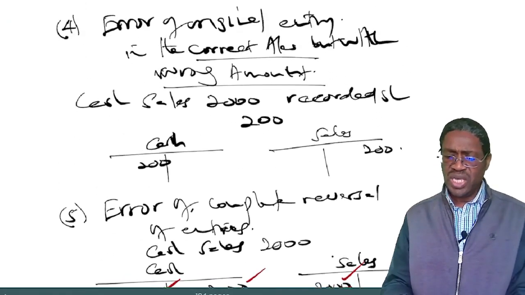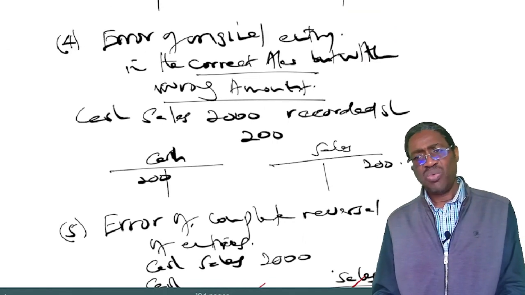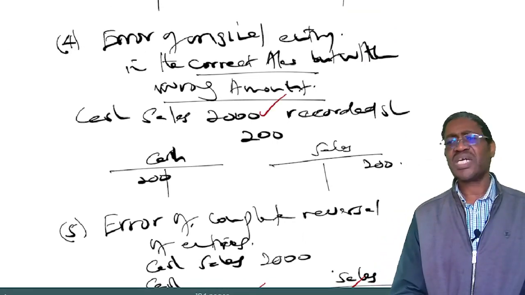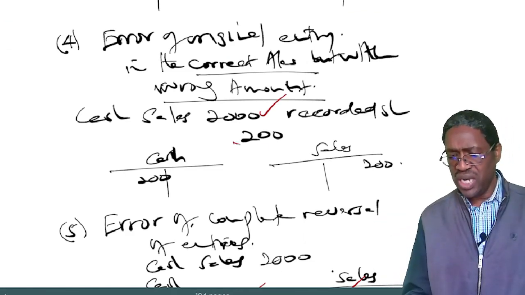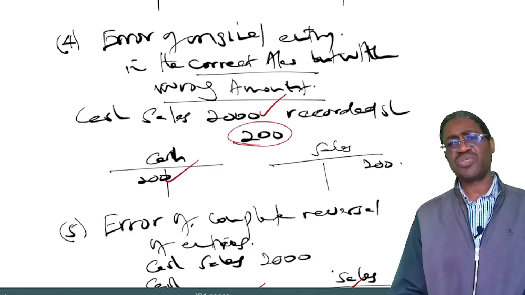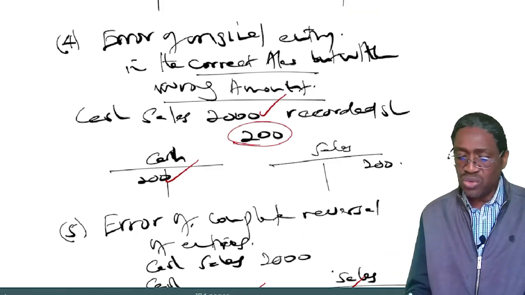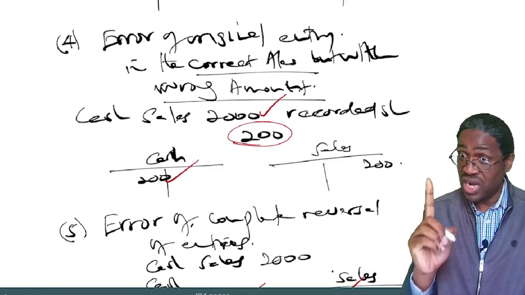But for an error of original entry, where I'm supposed to have debited cash by 2,000 and credited sales by 2,000, instead I recorded it as 200. So I debited cash by 200. If I'm to correct that error, I should come back to the cash book and make this debit 2,000, not 200.